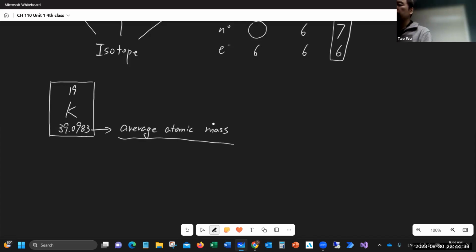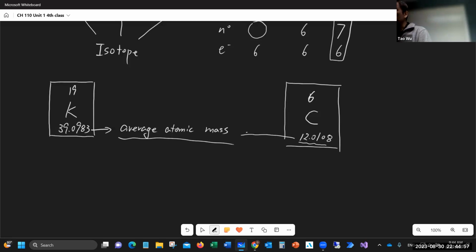Why is this the average atomic mass? Another example is carbon. I'm going to use carbon as an example. This is 12.0108. So carbon, and those are also called the average atomic mass.